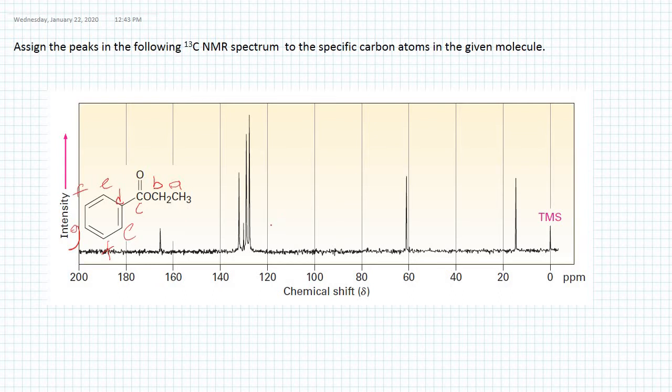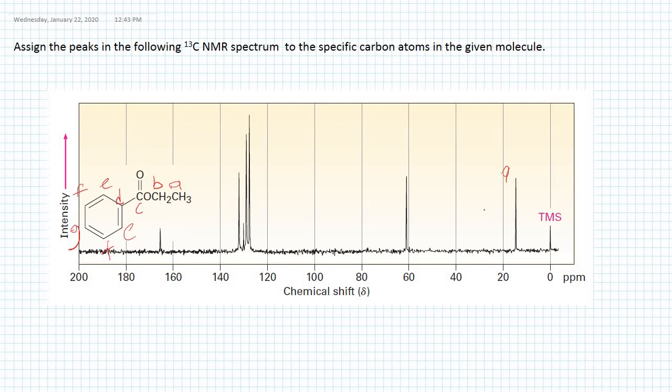NMR spectrum. Let's start. I will start again from A. Here we have a primary alkyl carbon which has to appear all the way upfield in the spectrum. So I'm going to label this peak as A because we expect that this is going to be this carbon. Then the next carbon, again, is going to be an alkyl carbon, but it's next to an electronegative oxygen.